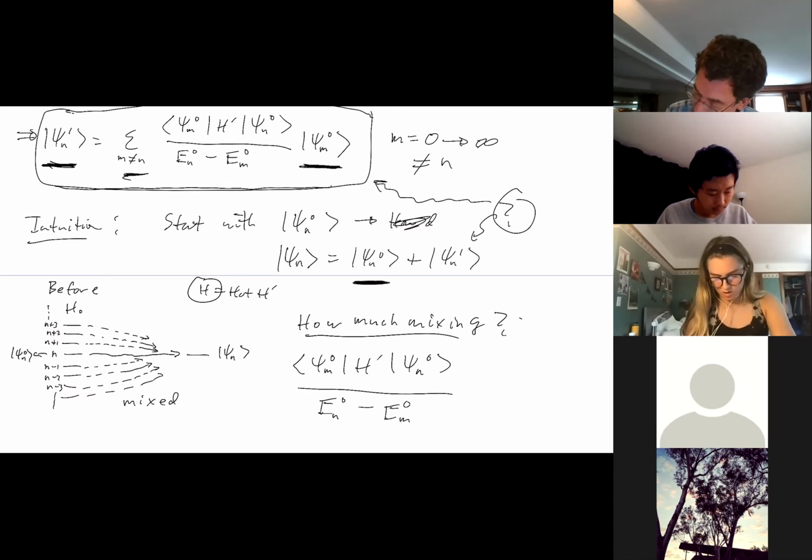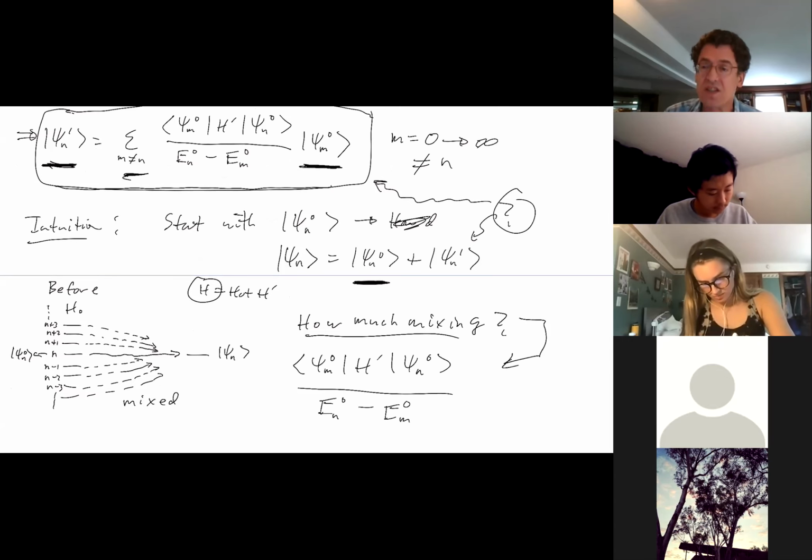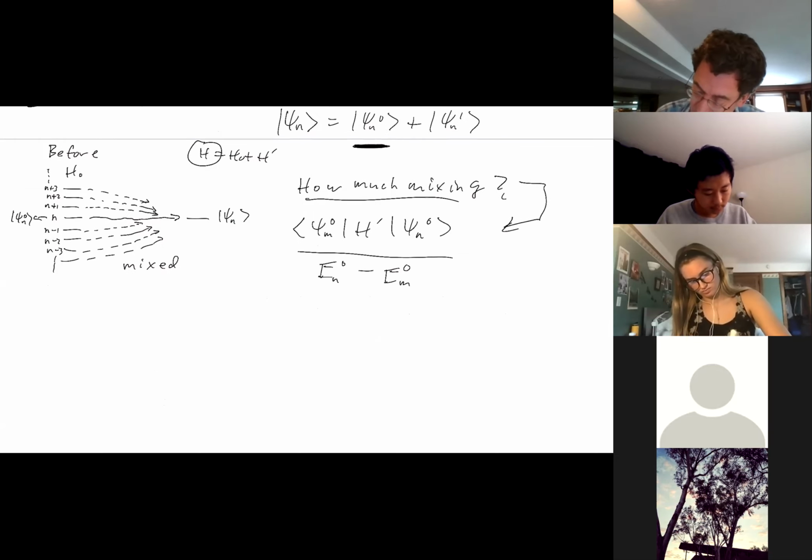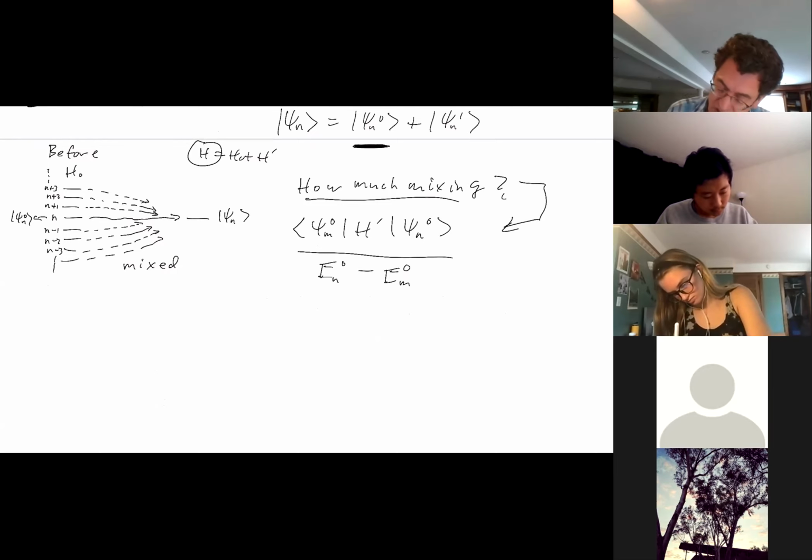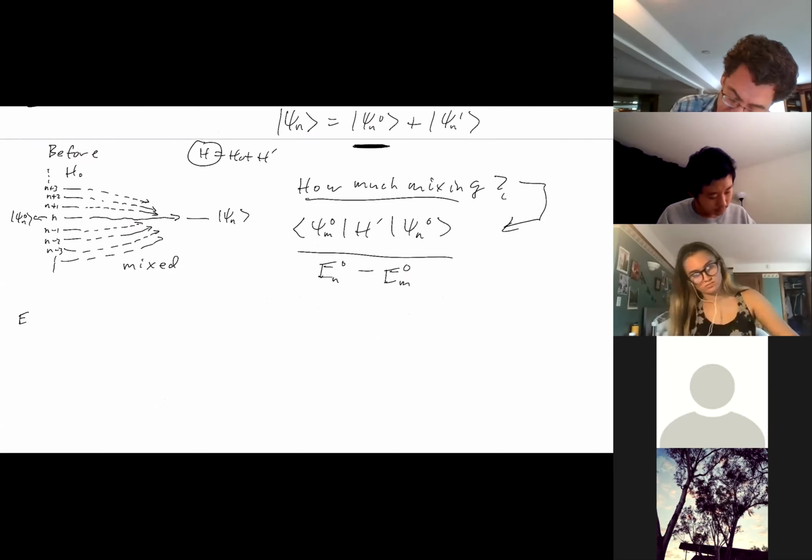That's how much mixing. It's this coefficient that we just derived, this CMN coefficient. And so what is the intuition that we get from this? Well, the simplest intuition is in energy.